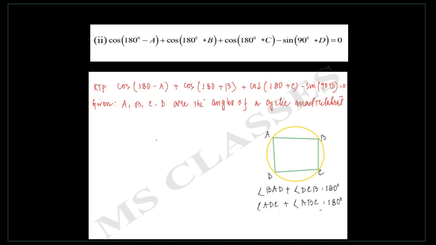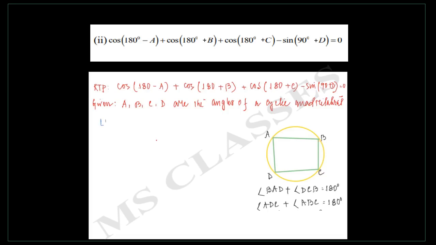Same thing. Now we'll be basically using this here. Angle BAD means angle A we are referring to, angle BCD we are referring to as angle C, angle ADC they refer to in the question as angle D, and angle ABC as angle B. Now, what is given here?